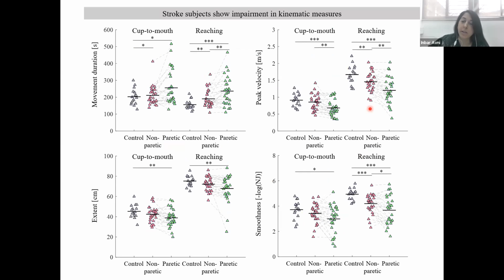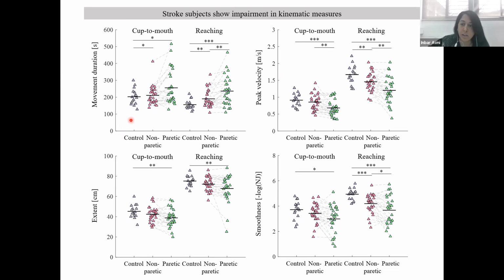And the first thing we did was take this 3D model and calculate different measures of movement performance on these patients and controls. And this is what you can see here. We've started with basic measures like movement duration and peak velocity. Here you can see these measures for the control groups.